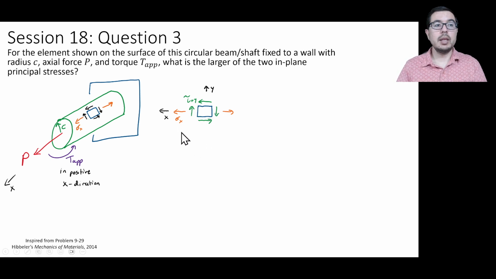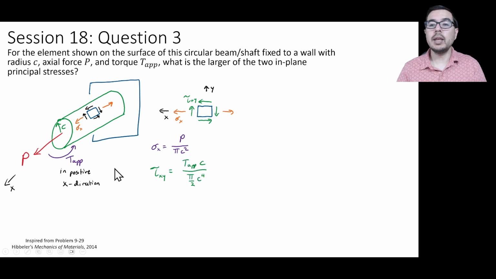Sigma x is equal to this force P divided by the cross-sectional area, which is pi c squared. So we have sigma x equals P over pi c squared.